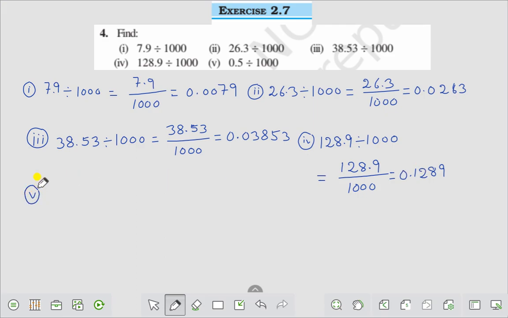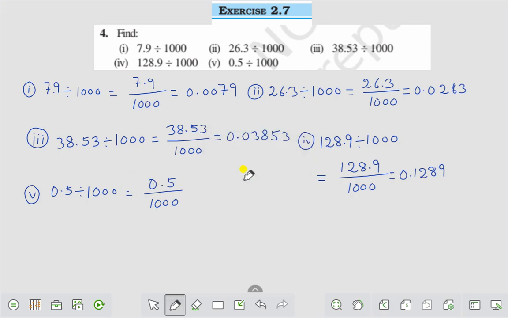Now question number 5. Question number 5 is 0.5 divided by 1000, right? That is equal to 0.5 divided by 1000. That means you have to shift the point 3 digits to the left side, right?